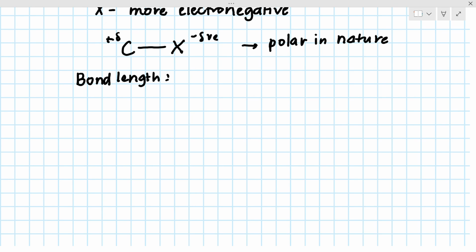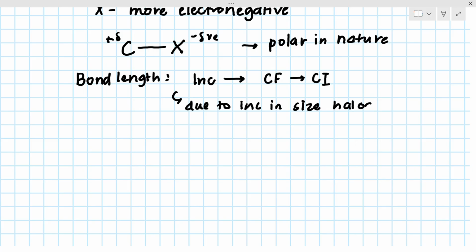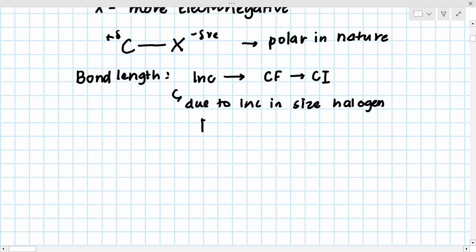Next is bond length. Bond length here increases as we move from C-F to C-I. And why does this increase? Due to the increase in the size of the halogen atom. As you know, F is smaller than chlorine, smaller than bromine, and smaller than iodine.